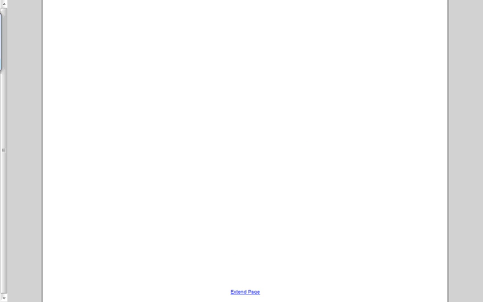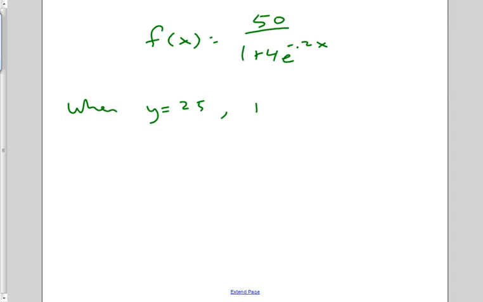So we just showed that given our function f of x equals 50 over 1 plus 4e to the negative 0.2x, when y equals 25, there's going to be a point of inflection.